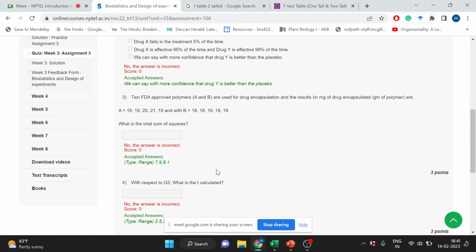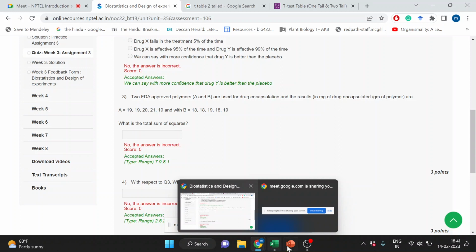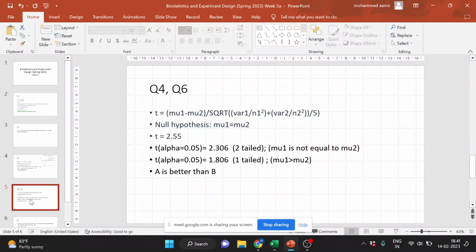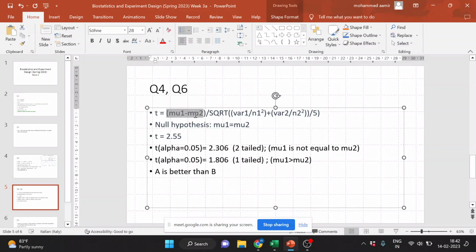Then question four was, what is the T calculated? We have done this, but I'll just show you. The T value formula is mu1 minus mu2 divided by the square root of this entire thing, that is variance of the first sample divided by the number of samples in the first sample, plus variance of the second by n2.